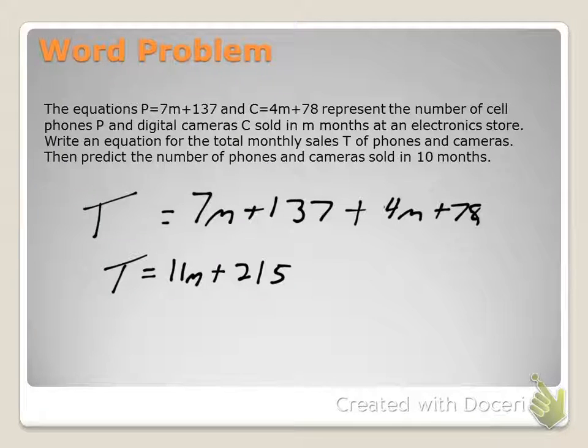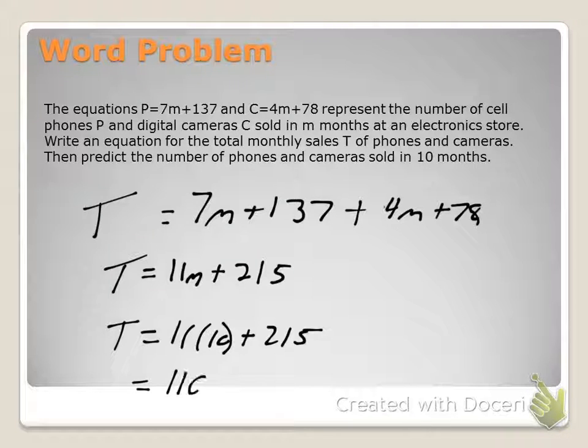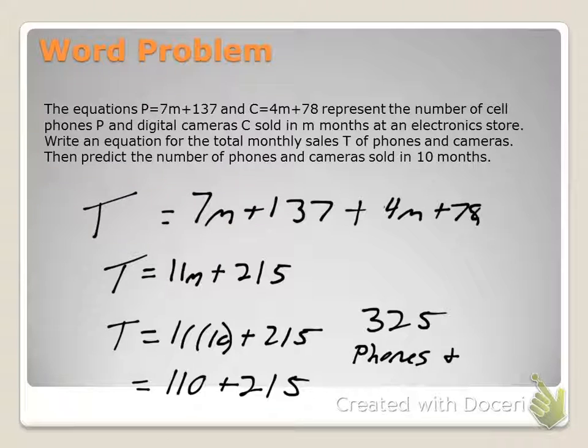So you're going to put in 10 for M. So T equals 11 times 10 plus 215. 11 times 10 is 110, plus 215 to give you what, 325? 325 phones and cameras.